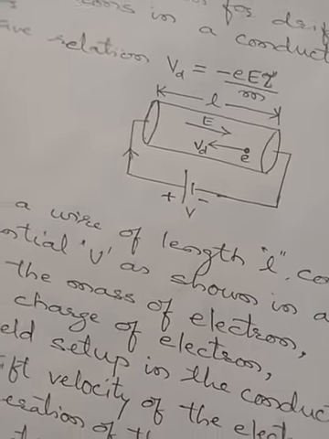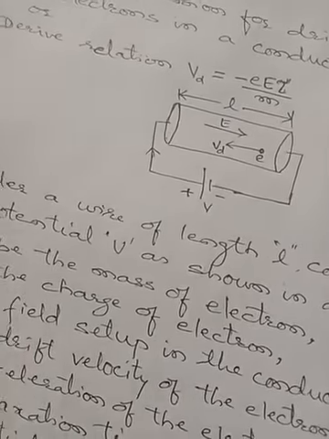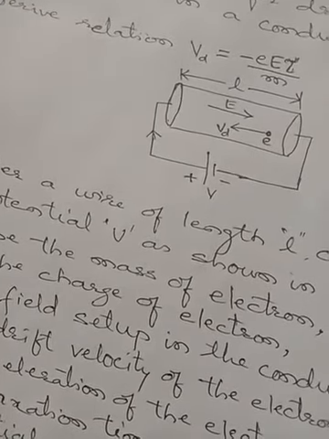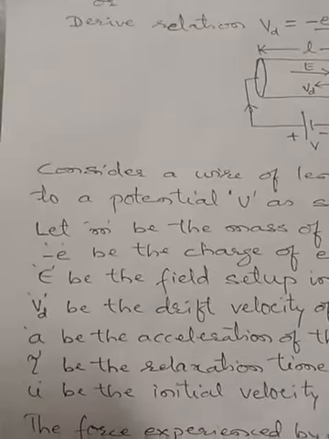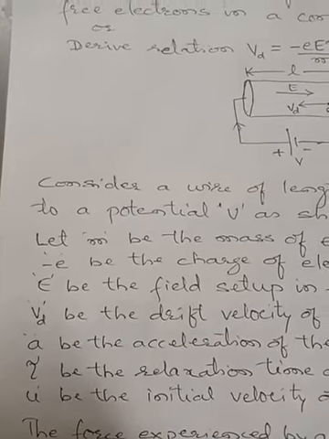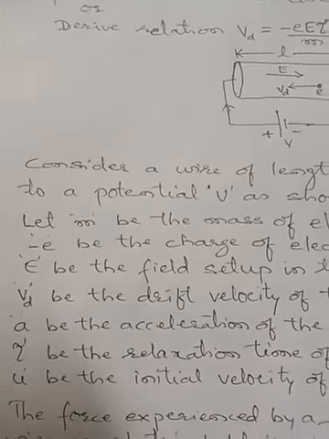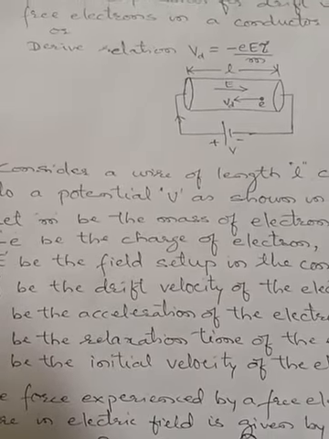What we have written first: consider a wire of length L, and to this particular wire a battery is connected, and because of that a potential is given to this wire as shown in the above figure.